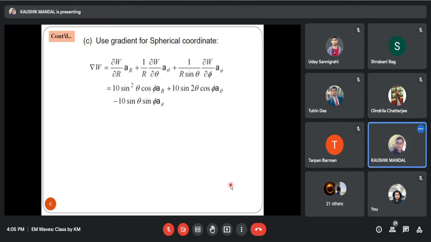In the third one, W has theta, phi, and r. So it is better to consider the spherical coordinates, that is grad of W: del W del r ar, 1 by r del W del theta a theta, 1 by r sine theta del W del phi a phi. If you solve it, you can find it easily.